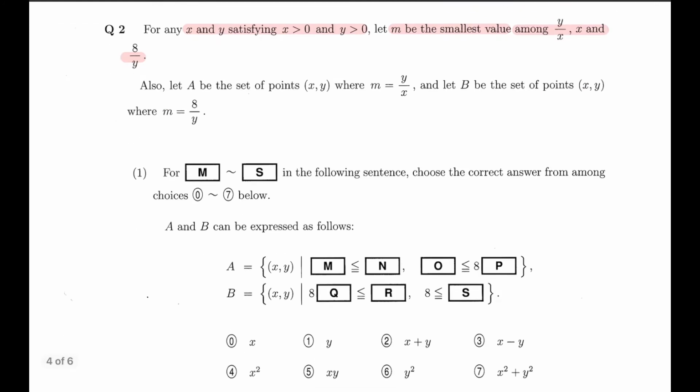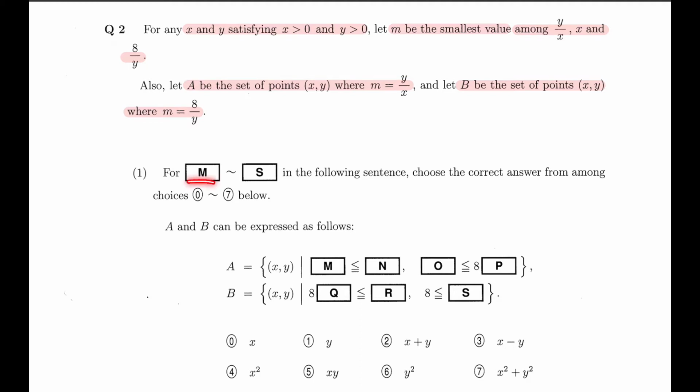Also let A be the set of points (x, y) where m equals y over x, and B is the set of points where m equals 8 over y.